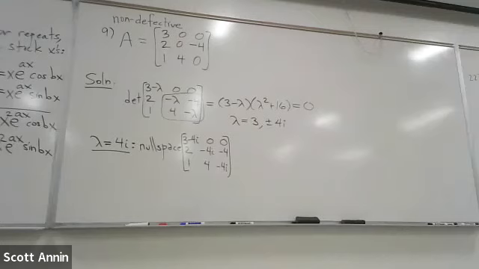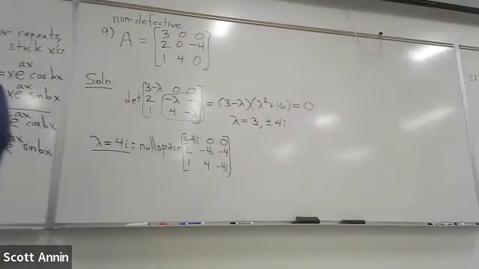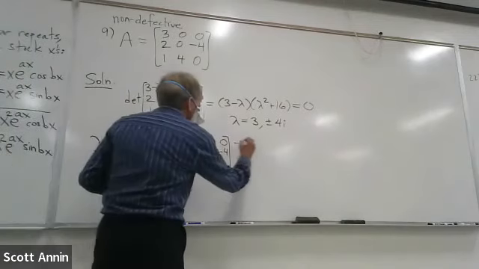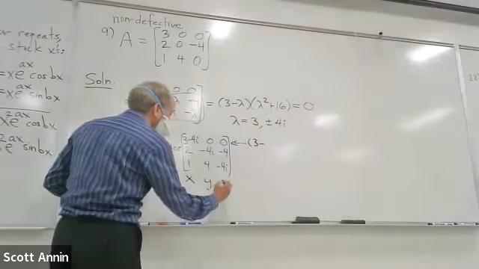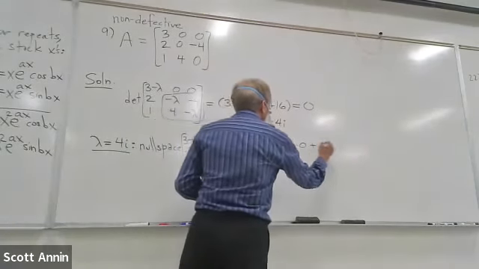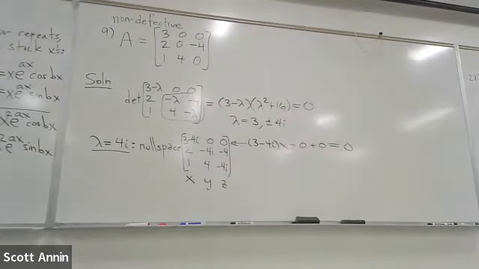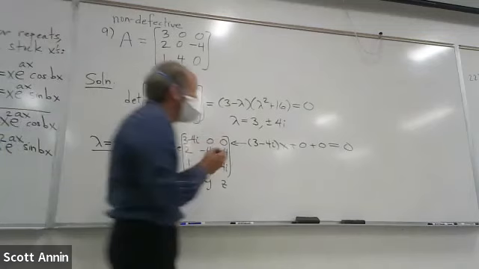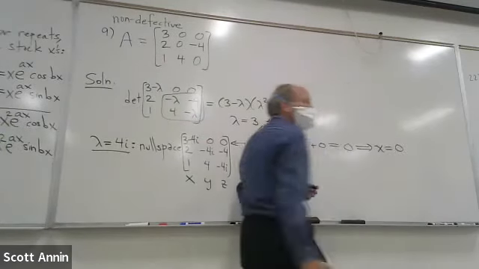The top one is actually one that I want to keep because it's so simple. See the top row, let me write it down. If I think of X, Y, and Z here, the beautiful thing about the top row is that it allows me to say that X is 0.